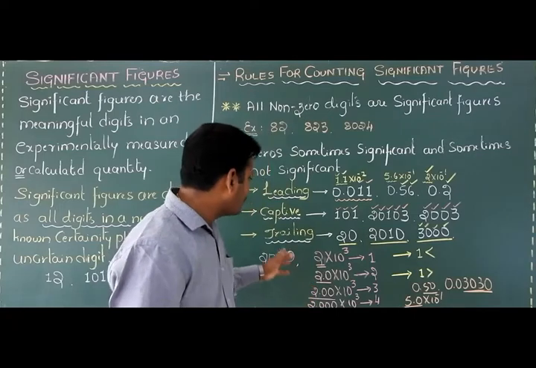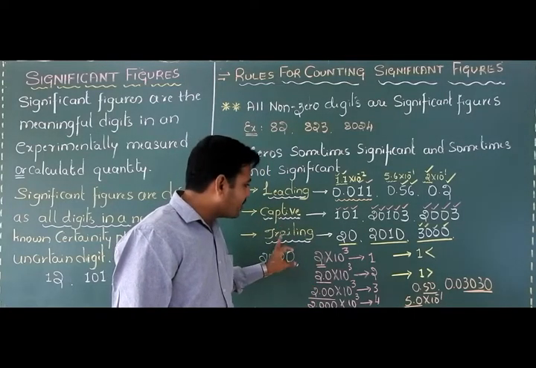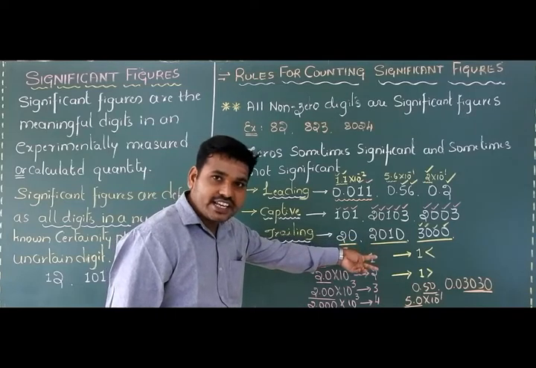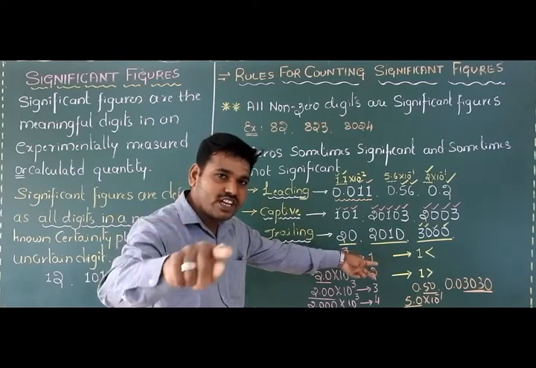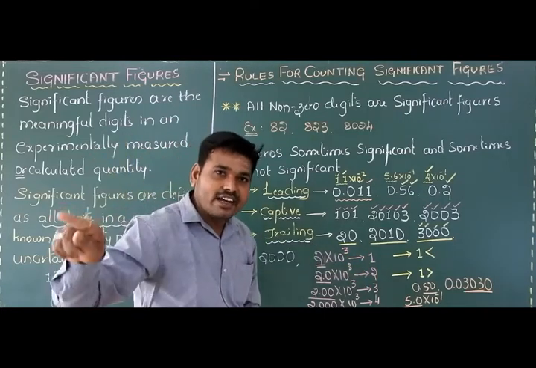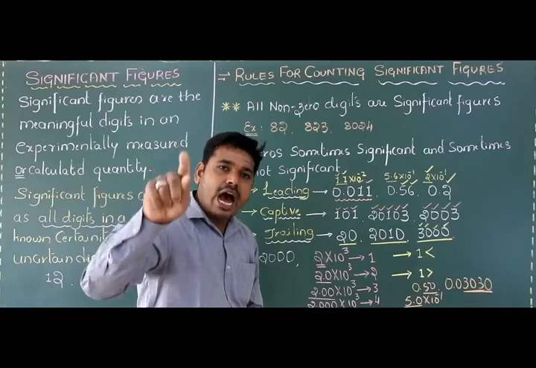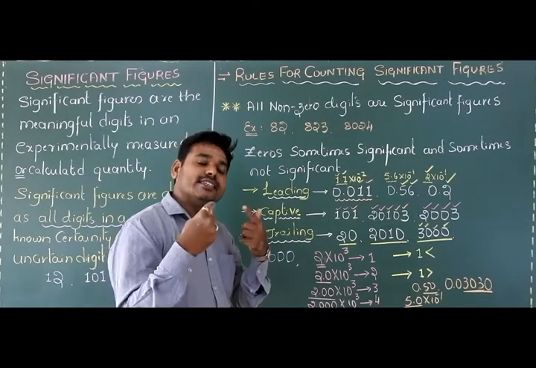Is there any doubt in this trailing zeros concept? So again, in case of trailing zero, 2 conditions are already explained. If the given number is greater than 1, in such cases the zeros which are present to the right of the decimal point are counted as significant figures.